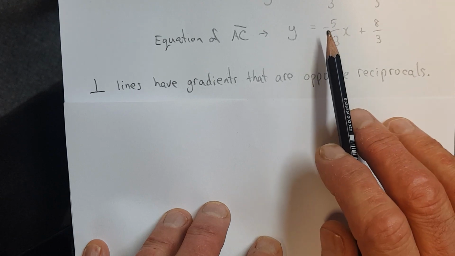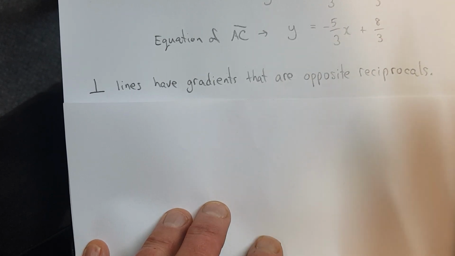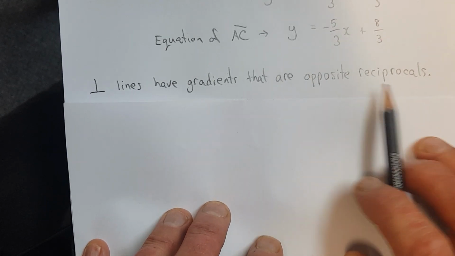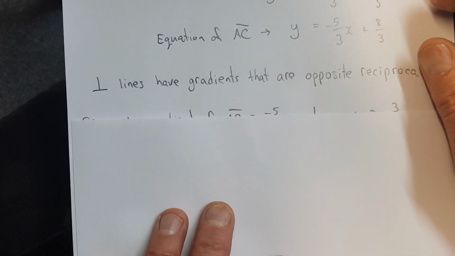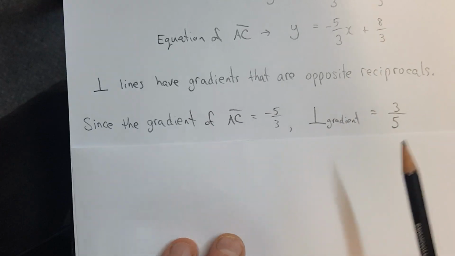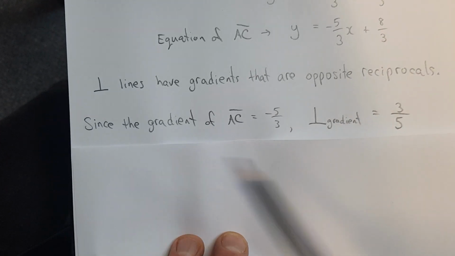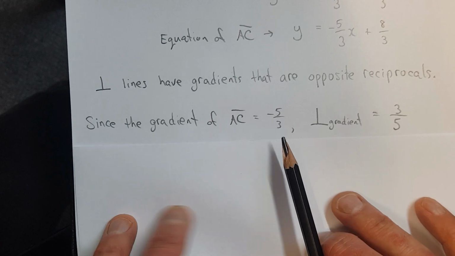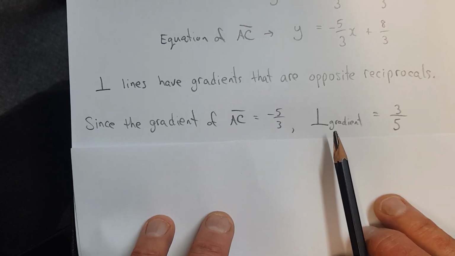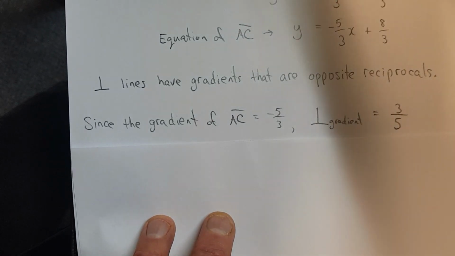If this one's negative, the perpendicular one has to be positive. And when I'm saying they're reciprocals, 5/3 has the reciprocal of 3/5. So as I said, since the gradient of line segment AC is negative 5/3, the perpendicular gradient is positive 3/5.